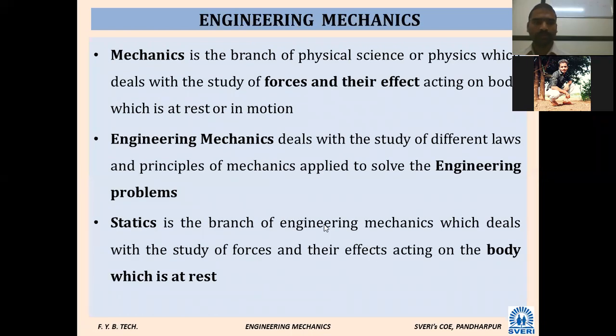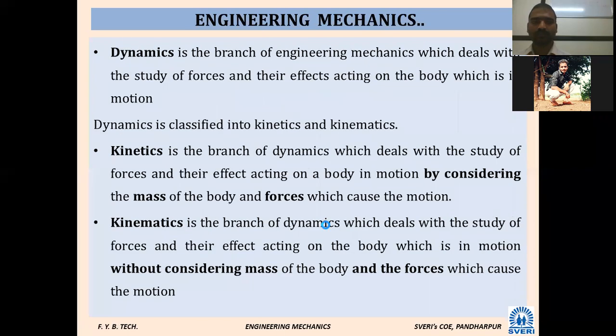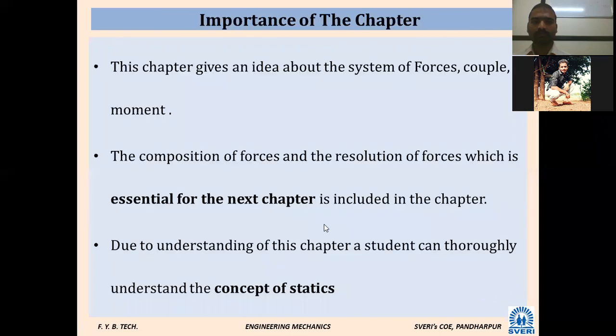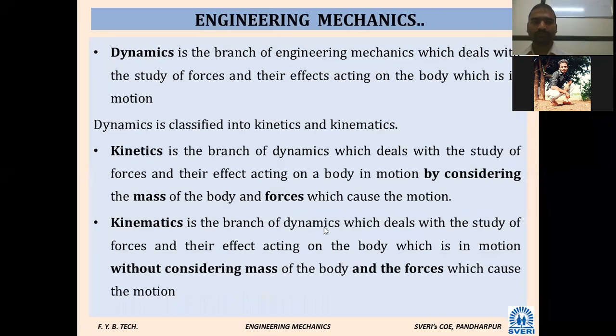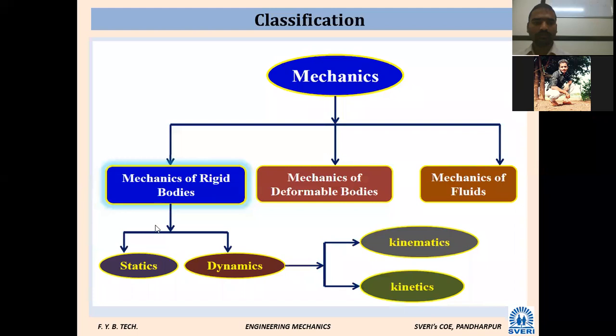Okay. So in the last class, we have seen the introduction of the engineering mechanics. So again, mechanics is subdivided into two types. One is static, and one more is dynamic. This is the flow chart.